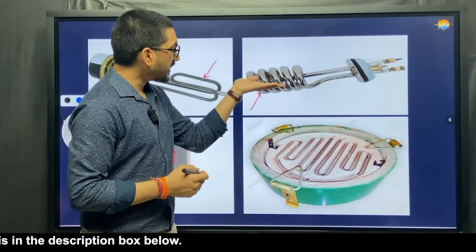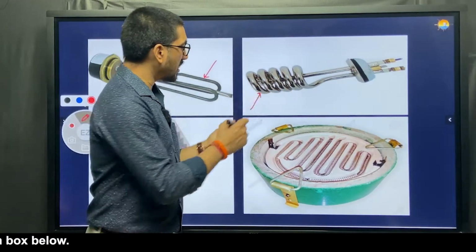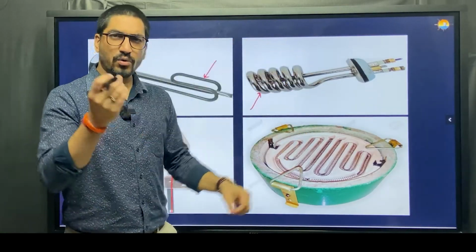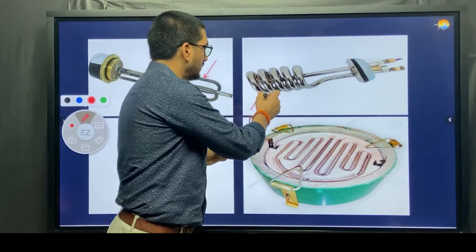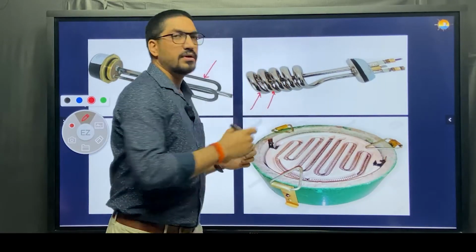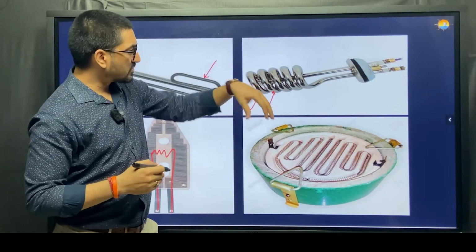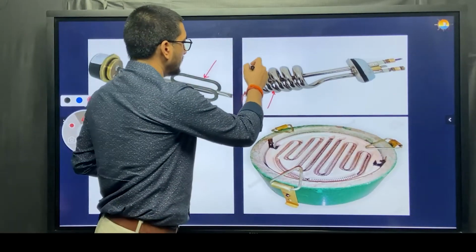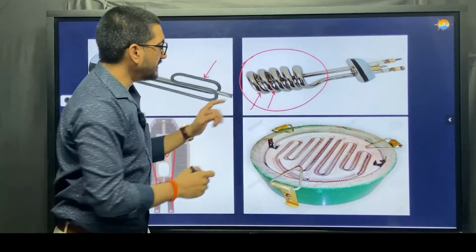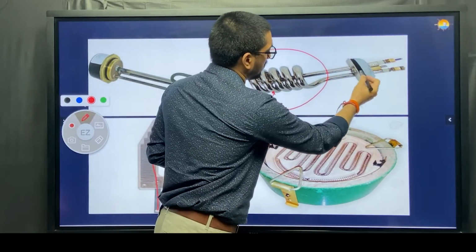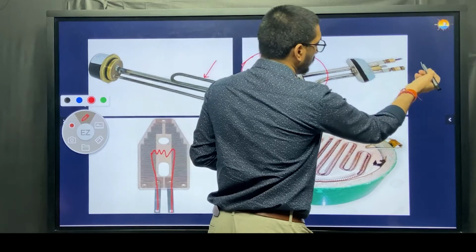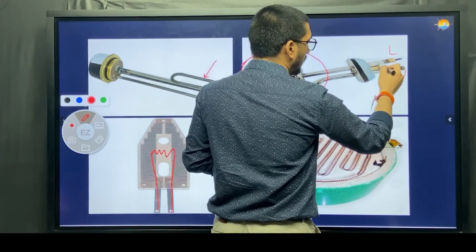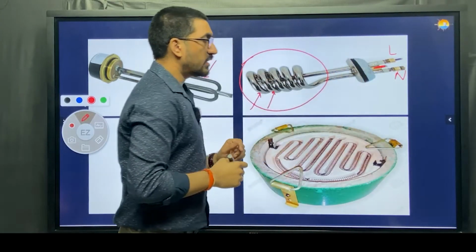So the element is protected inside this covering, which has some powder sort of an arrangement, or you can say a coating. So the element has a coating over it, and then this final protective covering is there, and obviously it's coming out like 3 terminals. So this is live, this is neutral, and this one is ground.